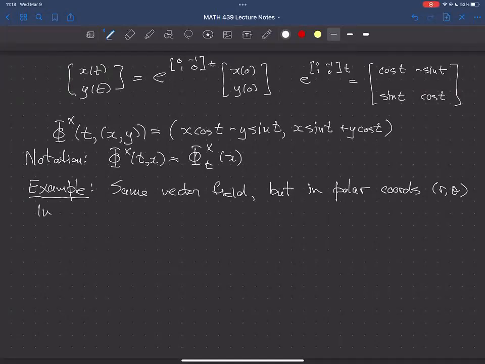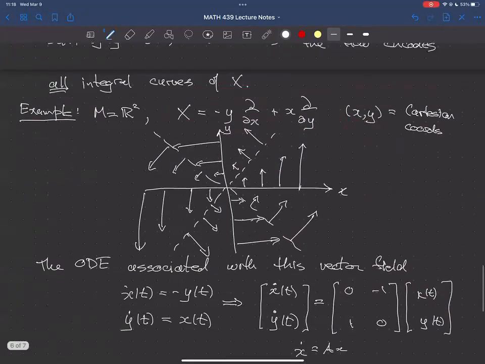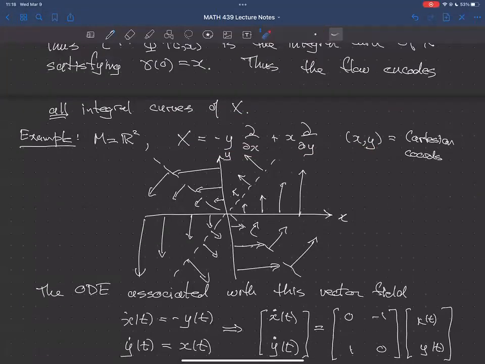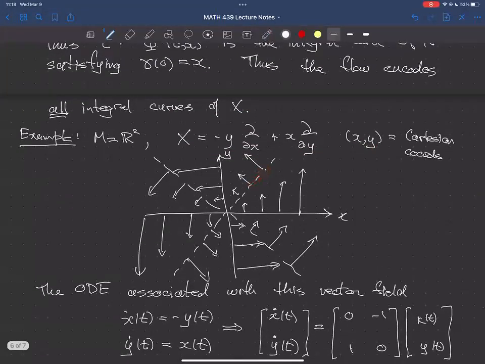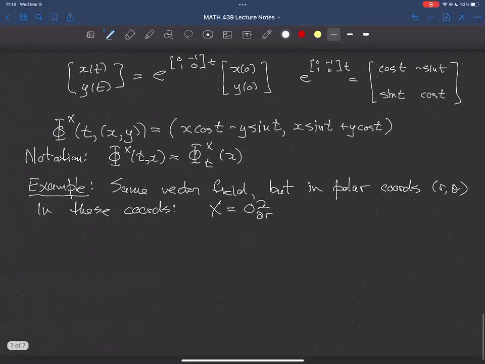So in these coordinates, X is 0 ∂/∂r, of course, because the vector field clearly has no component in the r direction, plus 1 ∂/∂θ.